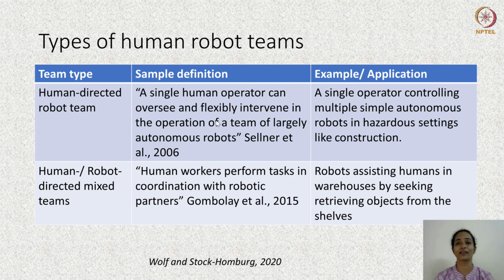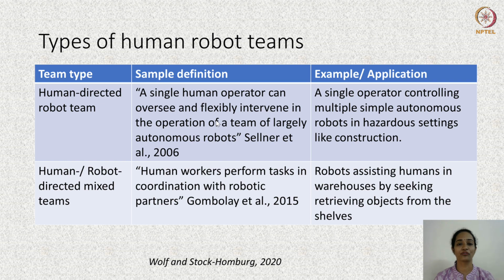This is a team where there is a single human operator, usually handling multiple robots. Where do we usually see this? We usually see this in hazardous situations like construction and application in the war zone, where the single human operator sends out one or multiple robots to scour the damaged buildings for any kind of threats.